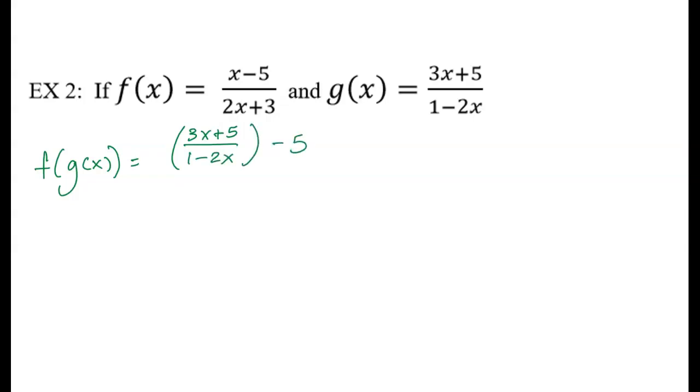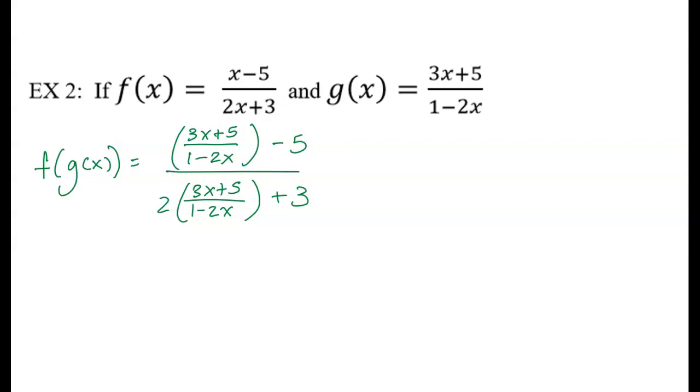So I have 3x plus 5 over 1 minus 2x, all subtracted, all of that minus 5, over 2 times 3x plus 5 over 1 minus 2x plus 3. Whew. Okay.